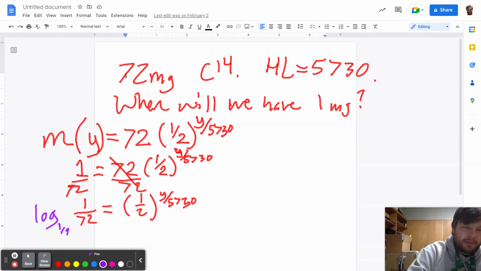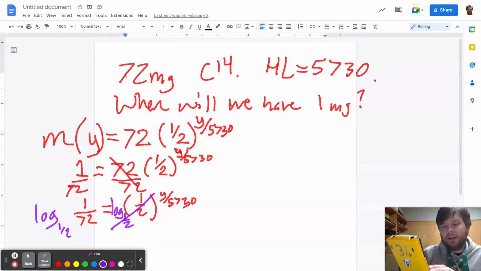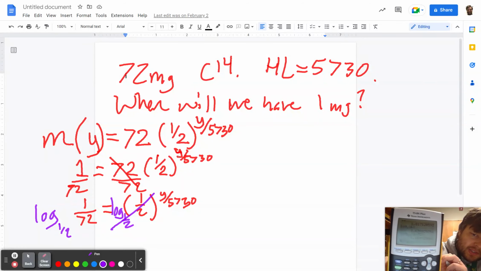Here I'm doing log base 1/2. Whatever the base of the exponent is needs to match the base of the logarithm. Log base 3 of 3 canceled out, so log base a half of a half cancels out. I'm going to grab my calculator, hit the math button, and go down to the option log base. I'll type in log base a half of 1 over 72. Apparently that is the answer.